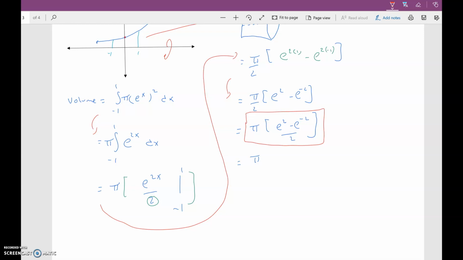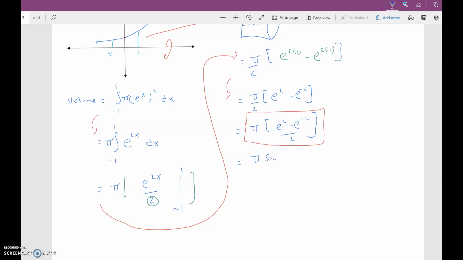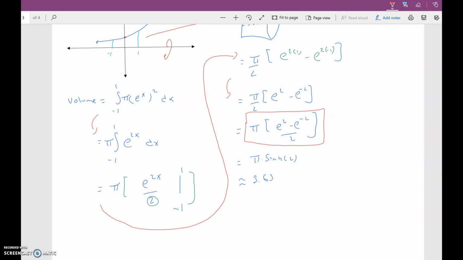So you could also rewrite it as the sinh of 2, or approximately, as a final answer, please double check that you're getting 3.63 as the decimal approximation, approximating to 2 decimal places. So 3.63, once I punch it into the calculator. It's fine if you leave it like this.